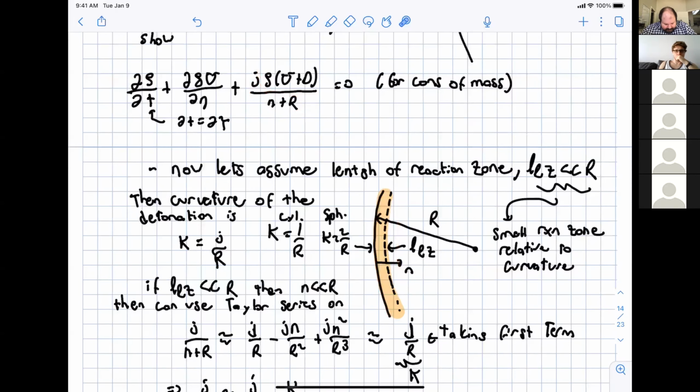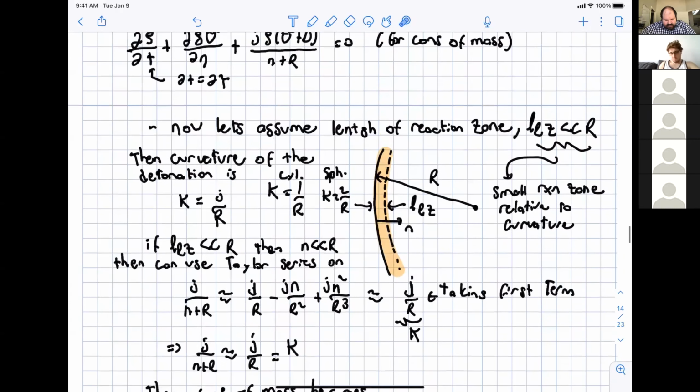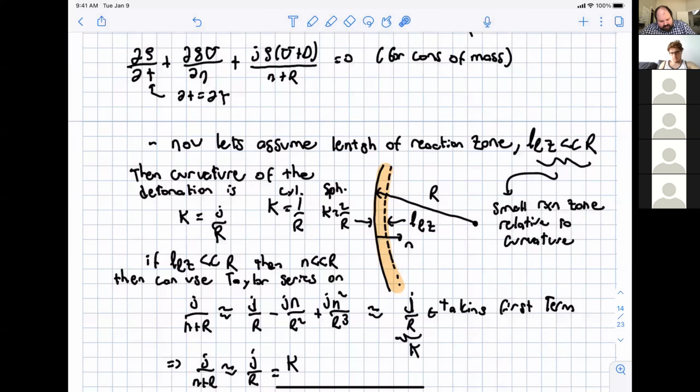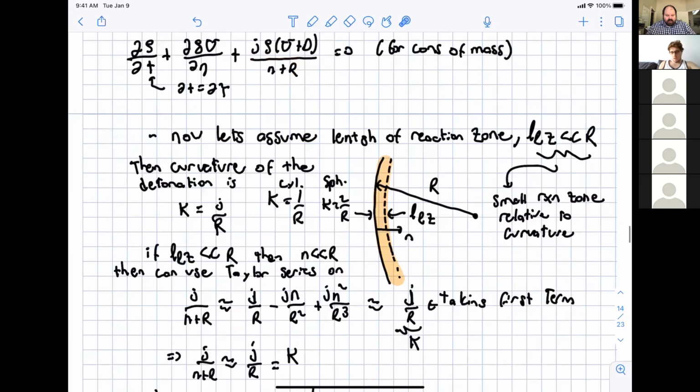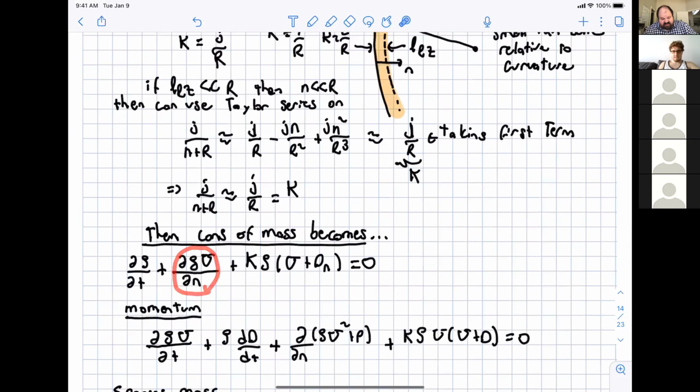If you make the substitutions and approximate this using our Taylor series expansion, where this here is just the curvature, kappa, of the shock front, we wind up with the conservation of mass becoming the time derivative of density plus the divergence of the flux in our relative coordinate system, plus the curvature times density times u plus the detonation velocity. And I'll get rid of this n here.